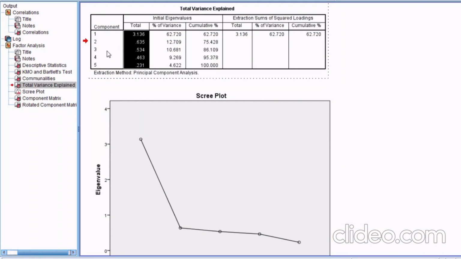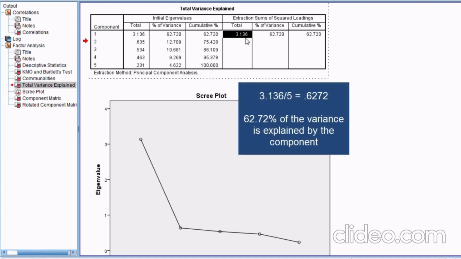Now, something interesting here is to recall that we have five components. If you add up these eigenvalues, they will be equal to 5, within rounding error. The sum of the eigenvalues is always equal to the number of components, or put another way, the number of original variables in your analysis.